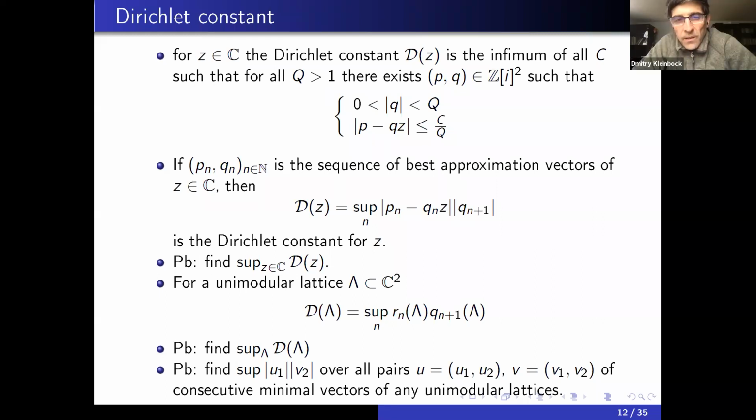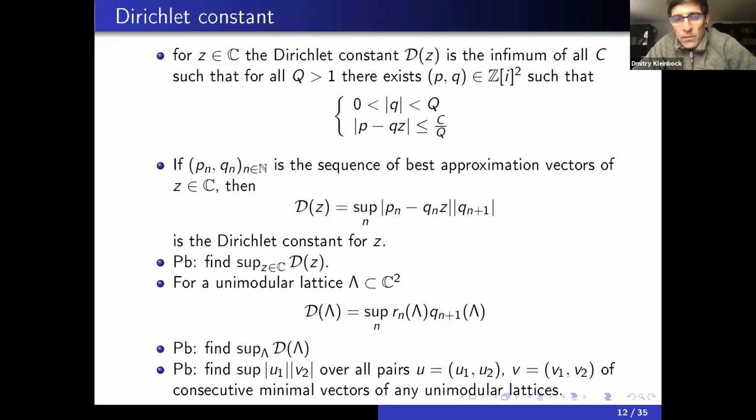I see. Okay. Another question is, in this definition of D of Z and D of lambda, you have a supremum over N. Lim sup will also work if you want. Is it the same? It is the same.